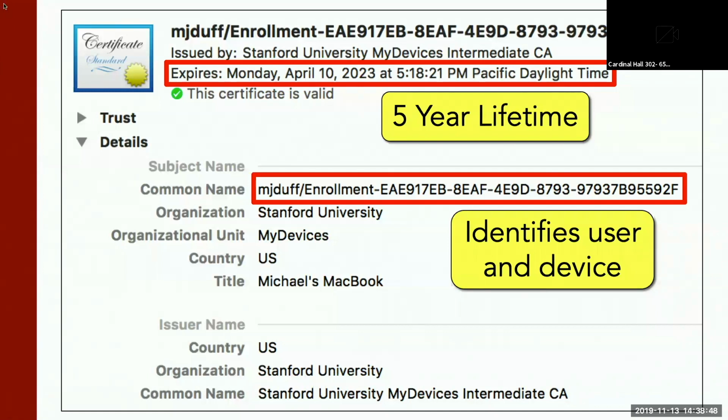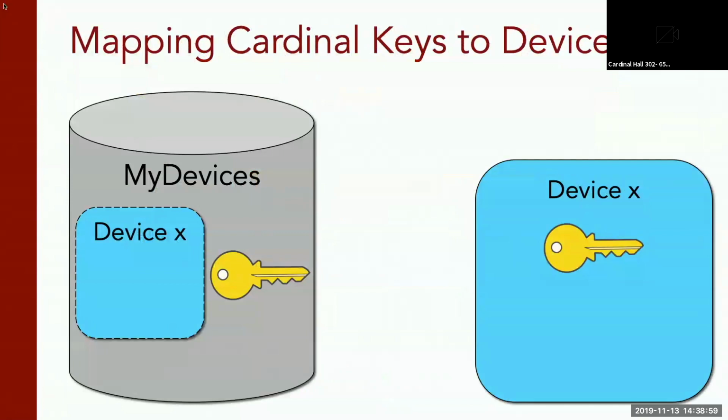By the way, you might imagine this was a long discussion. It actually took 2 years to decide on some of these things. So we can issue certificates to devices. I think most people get that, but we ran into this struggle of how to map Cardinal keys to devices in My Devices.